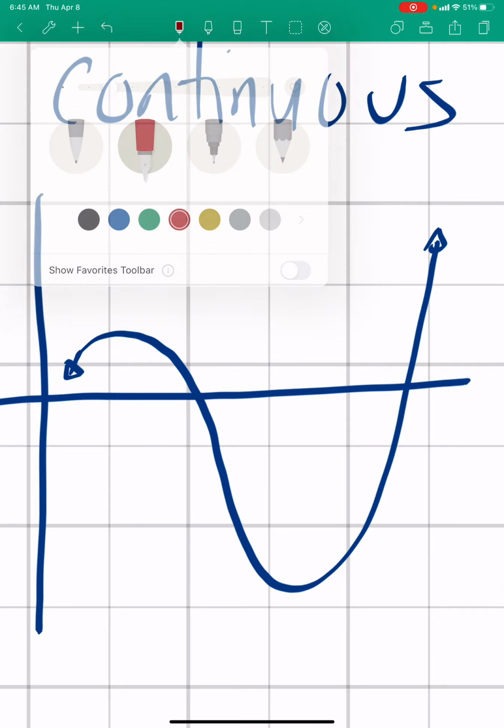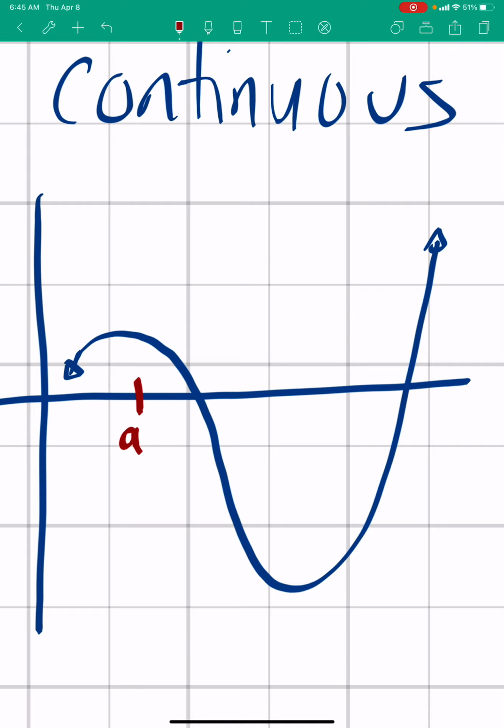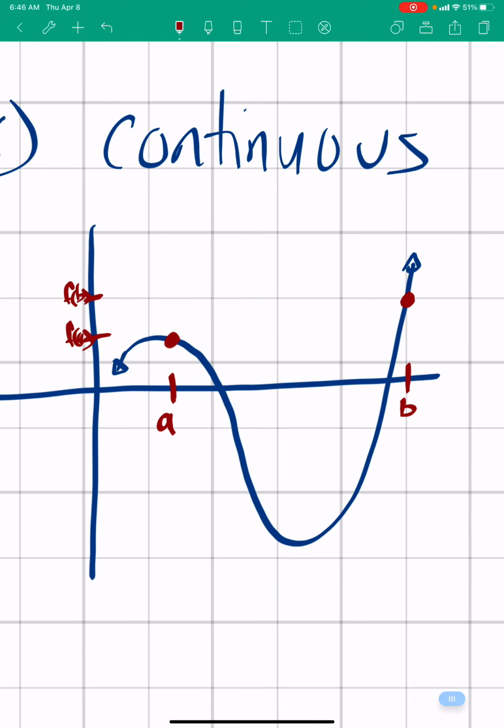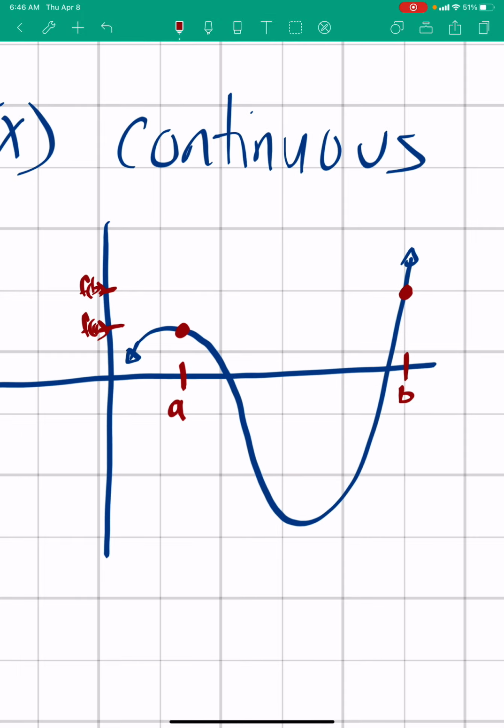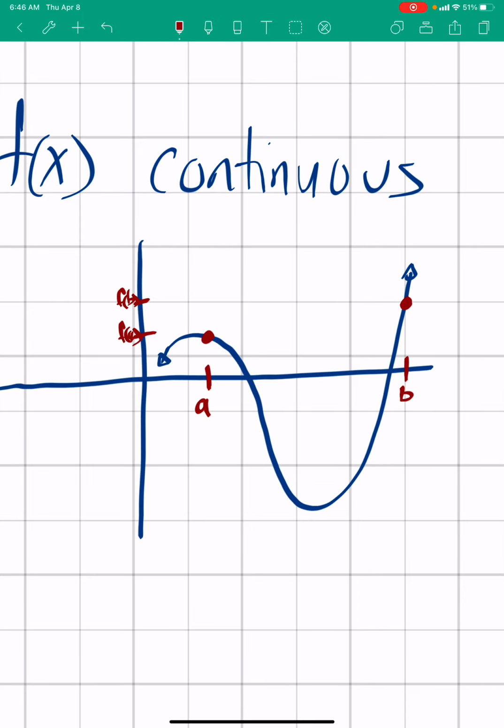We're going to highlight that we're looking at A and B. Between the region A to B, I know I've got f of A, and here we've got f of B. The intermediate value theorem tells me that if between A and B I have a change in signs, then I can prove, knowing it's continuous, that there must be any value of height in between them.